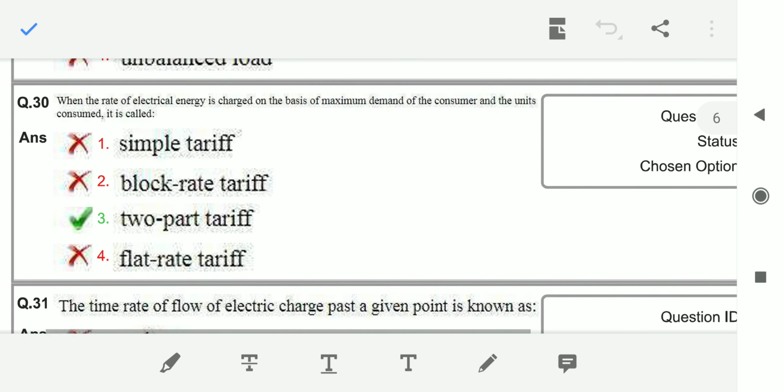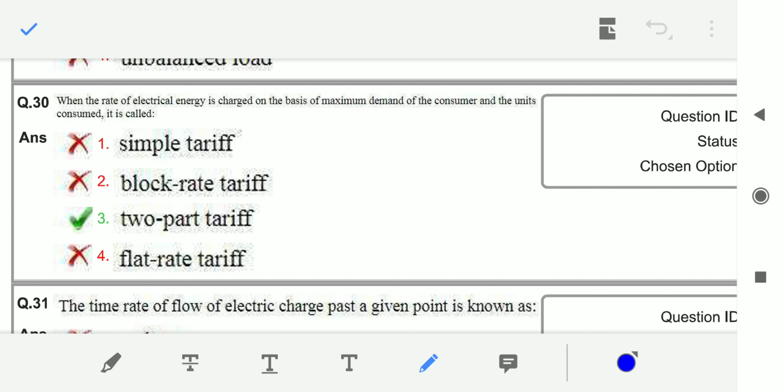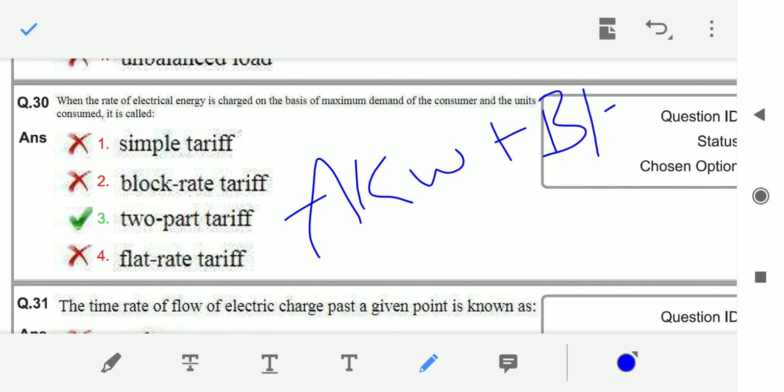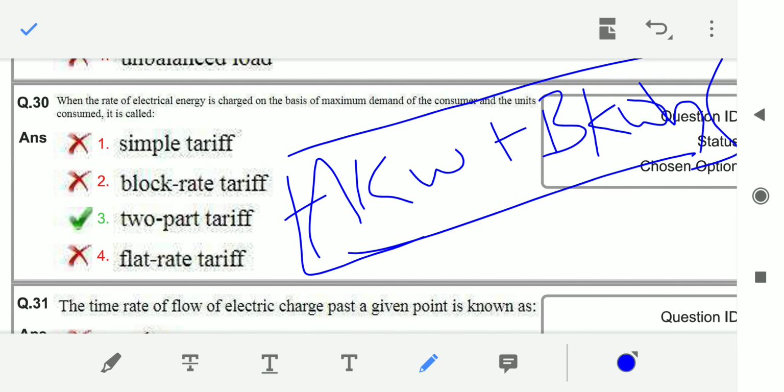When the rate of electrical energy is charged on the basis of the maximum demand of the consumer and the units consumed, it is called A into kilowatt plus B into kilowatt hour. You must remember this. This is related to two-part tariff.